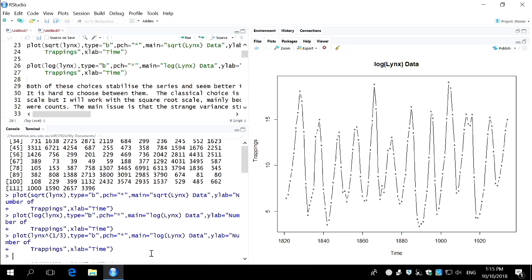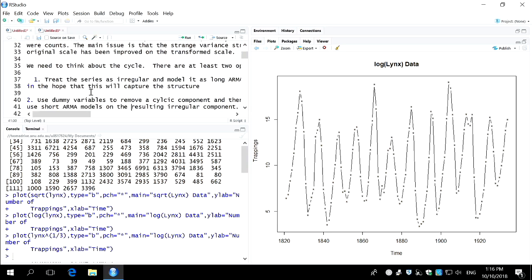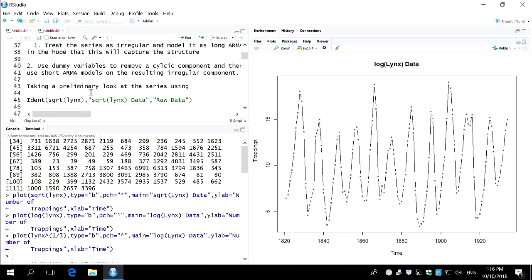The rationale for any of the three choices would simply be to stabilise the variance. But as the solution here says, it's hard to choose between them. And the classical approach is to use square root. So we're going to use square root for that reason, and we'll see how we go, okay?